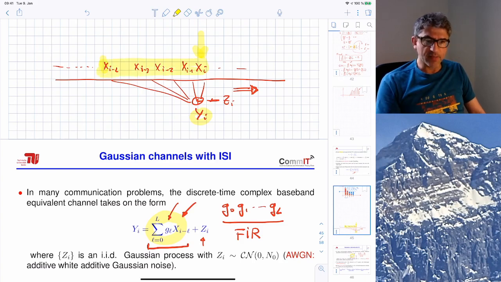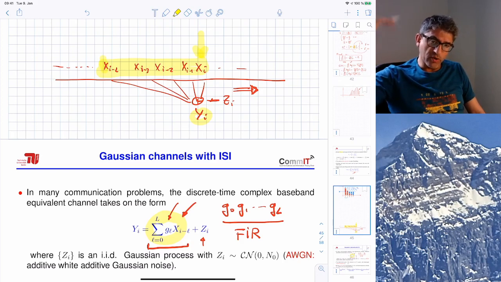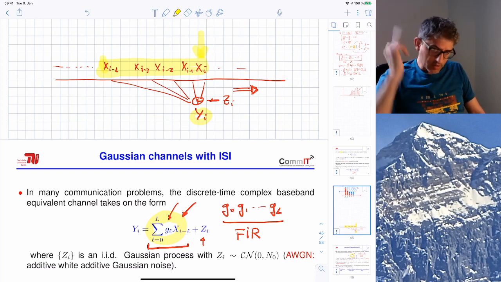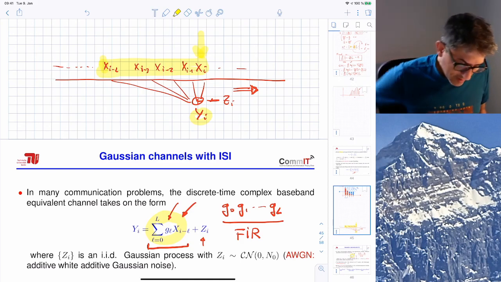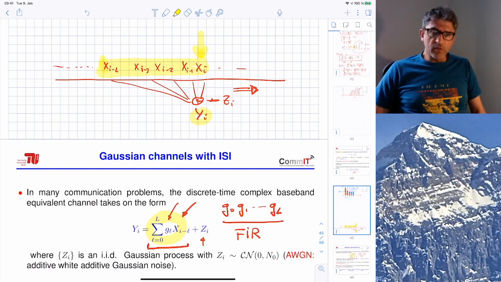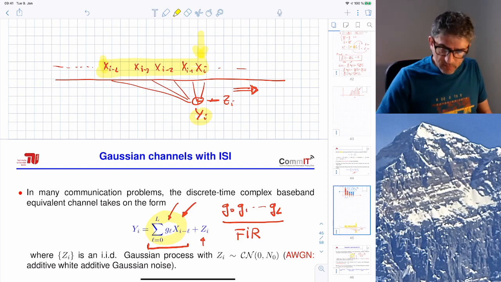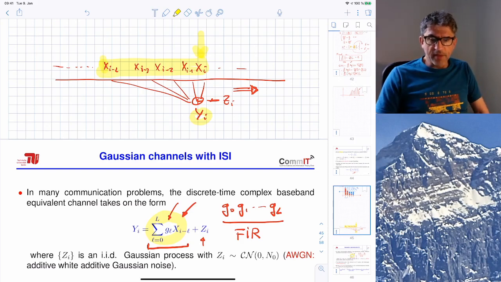So the channel has memory, because at a certain time the output depends not only on the present symbol but also on the past symbols. So this is a model of a channel with memory, and therefore we are in trouble because we have not developed a general theory of capacity for channels with memory.